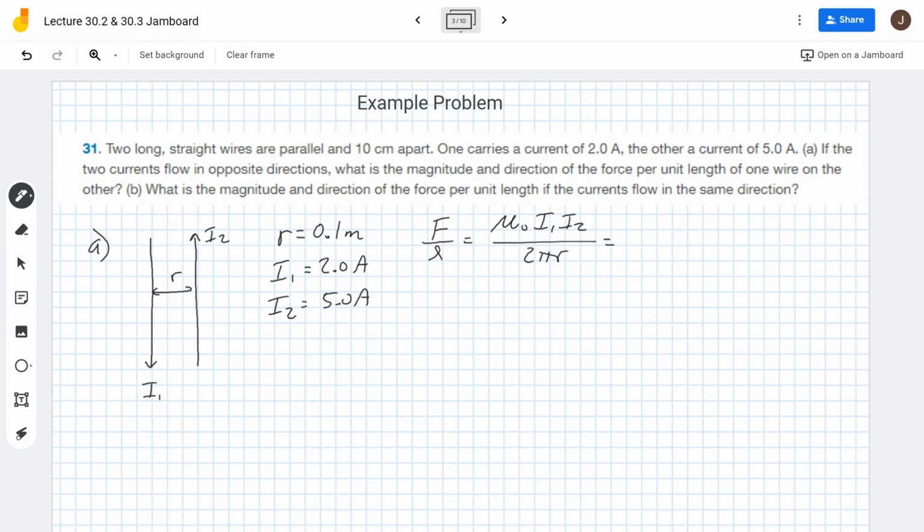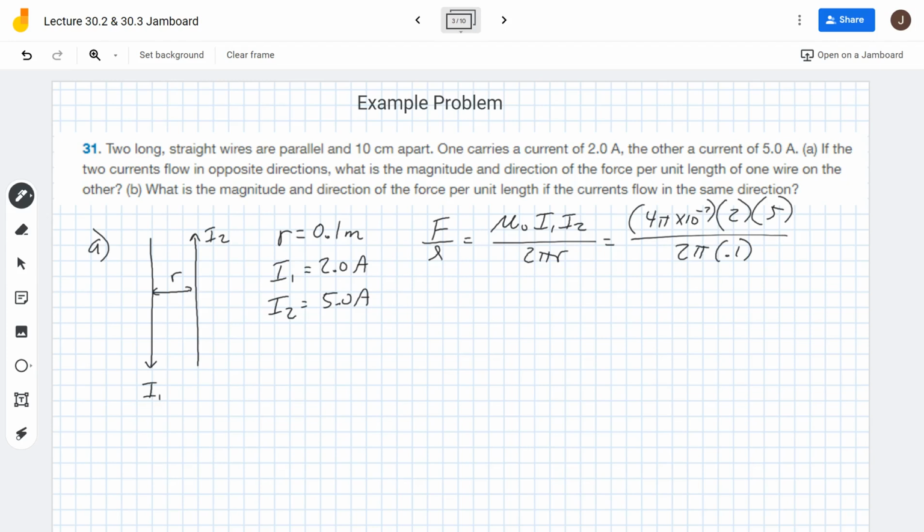Putting in our values, our permeability of free space is 4 pi times 10 to the negative 7. I1 is 2 amps, I2 is 5 amps. And then we'll just divide by 2 pi times the radius, 2 pi times 0.1.